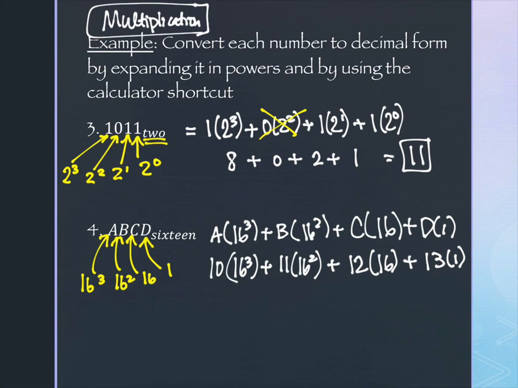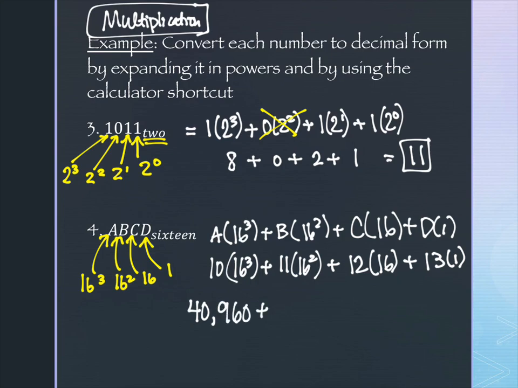All right, so you're going to grab your calculator, and you're going to multiply, and we'll just do it in bulk. So do 10 times 16 cubed. 40,960.